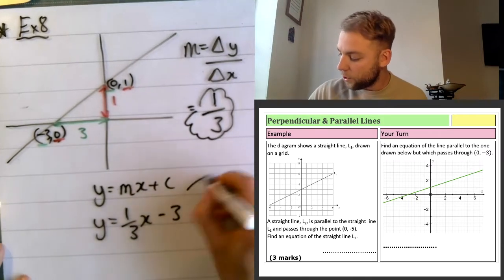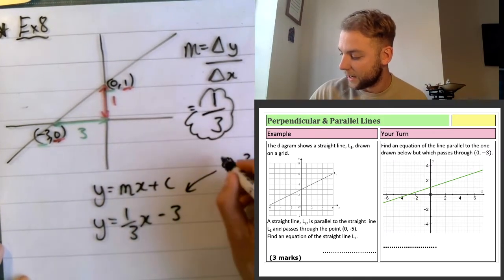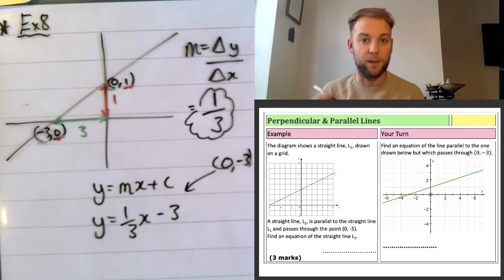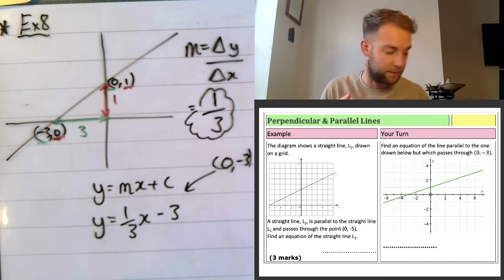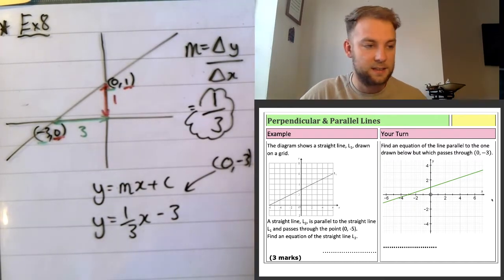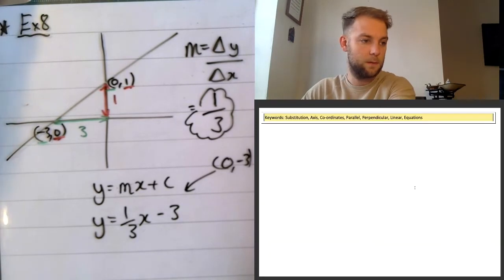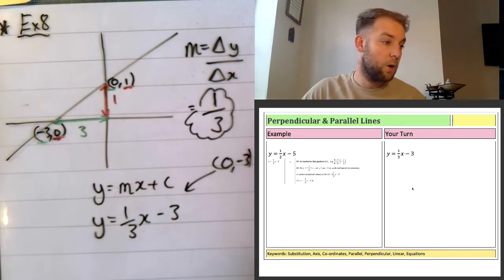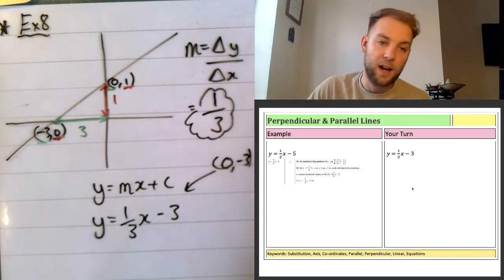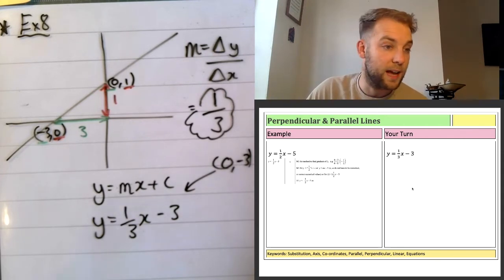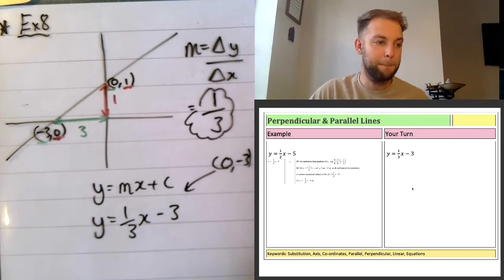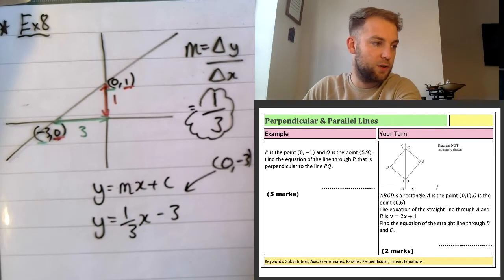Now, we can only use this subtract 3 because it's 0, negative 3. If it wasn't 0 something, we wouldn't be able to use that one. We'd have to solve it, okay? Brilliant. So let's check these answers. So a half x subtract 5, brilliant. And a third x subtract 3. Absolutely super.